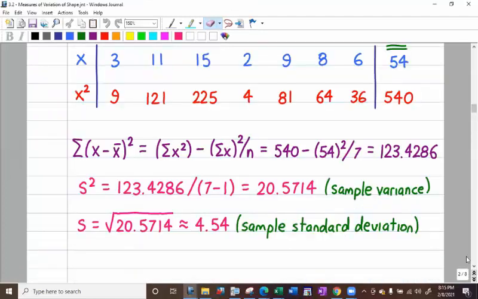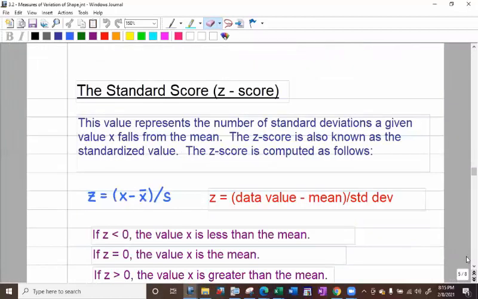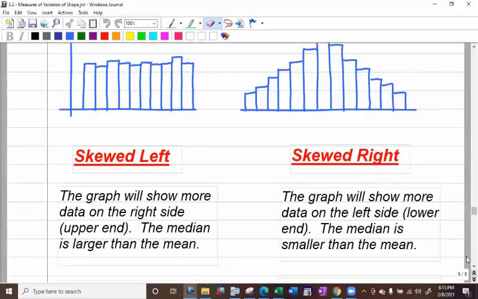Down here, median. Median is larger than the mean, we have skewed left. So let's compare. The opposite of that will be skewed right.